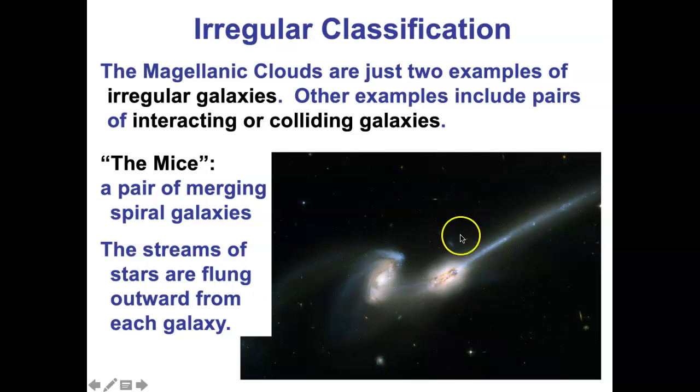They are dancing around each other, orbiting around each other, and as they're tugging on each other with gravity, they're throwing gas and stars out. So they've got these tails. This is why they're called the mice, because they look like two mice with a big long tail. Eventually, these galaxies are going to dance around each other faster and faster and faster until they eventually collide and merge and become one big galaxy.